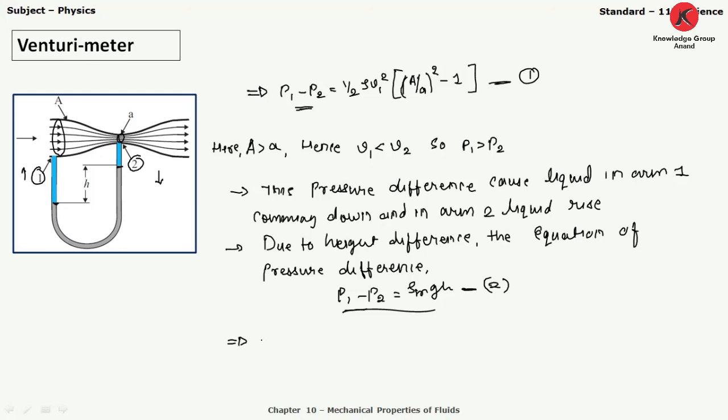From that we have half rho v1 square in bracket, A square by a square minus 1, which is equal to rho m g h.